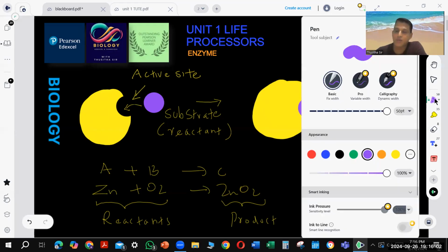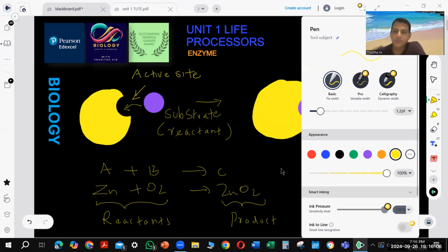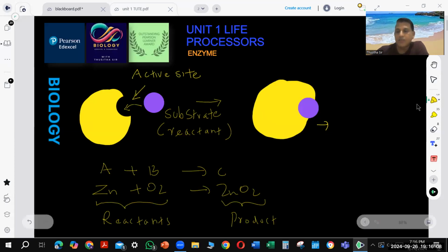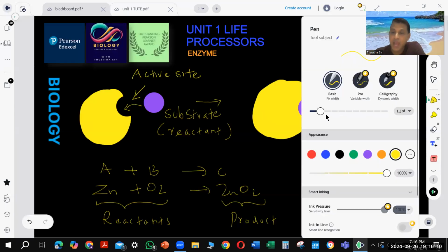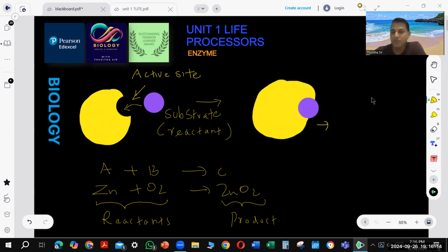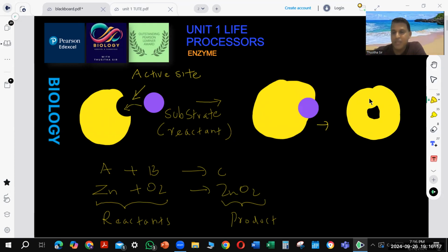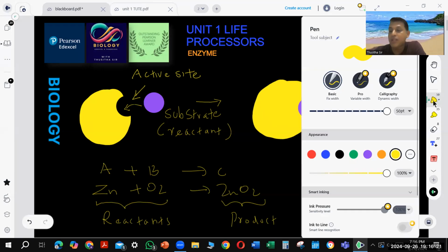The final outcome is that the enzyme remains unchanged. So no change of the enzyme, but the substrate becomes product.